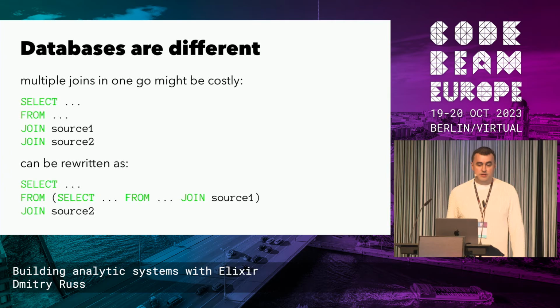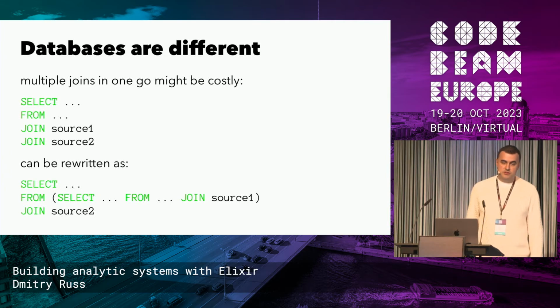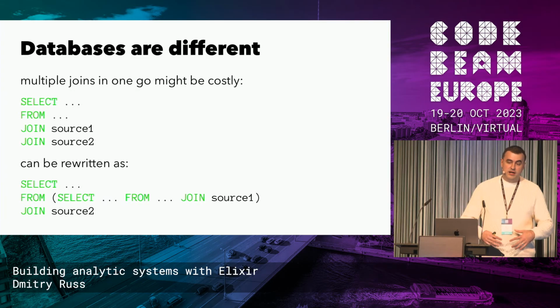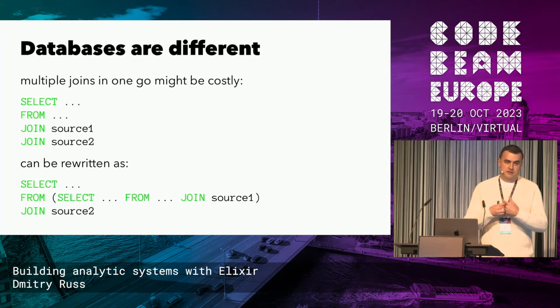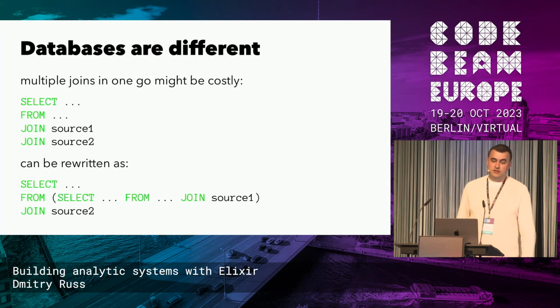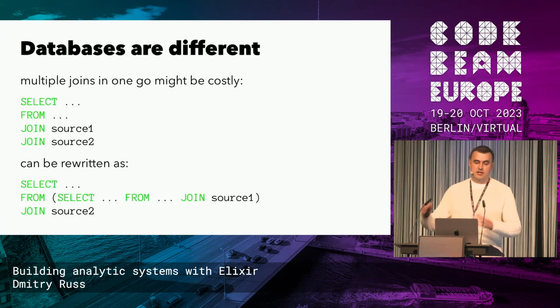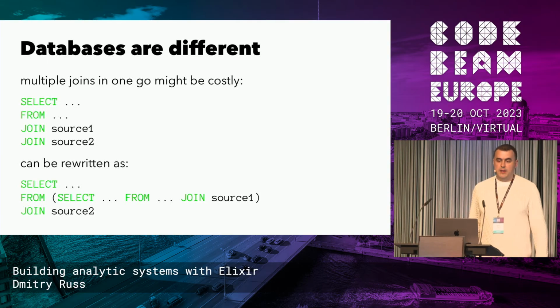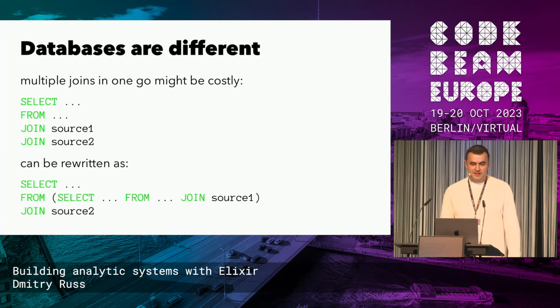For example, multiple joins in one go might be costly, or the database would not do this so efficiently that it can't execute this. But then what you can do is rewrite the query to do one join at a time, or two joins, or reorder joins, and so on.